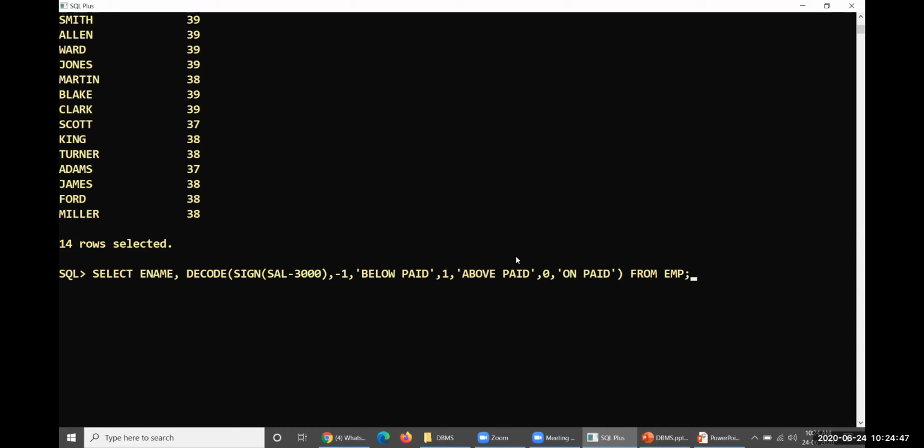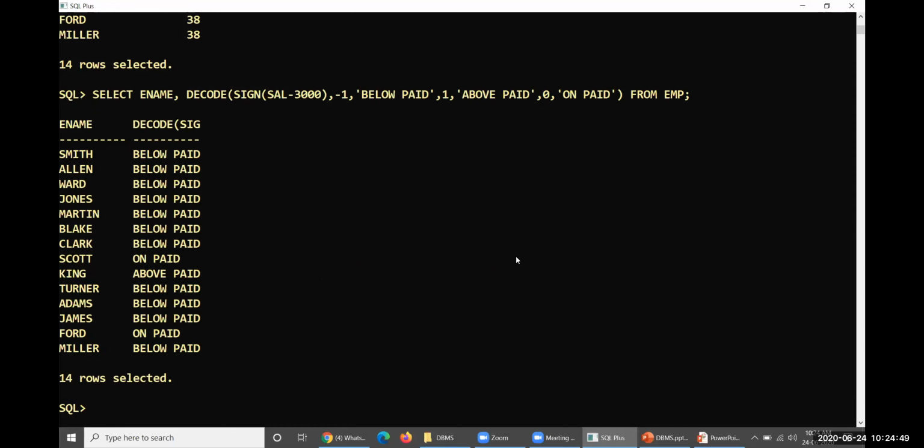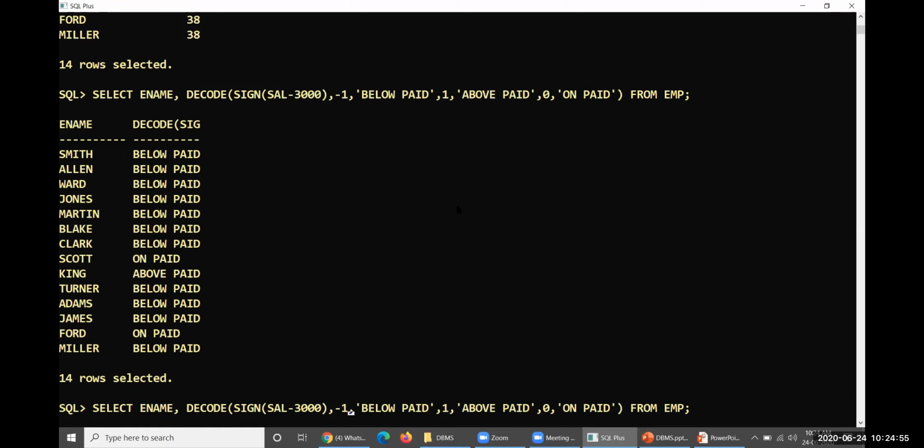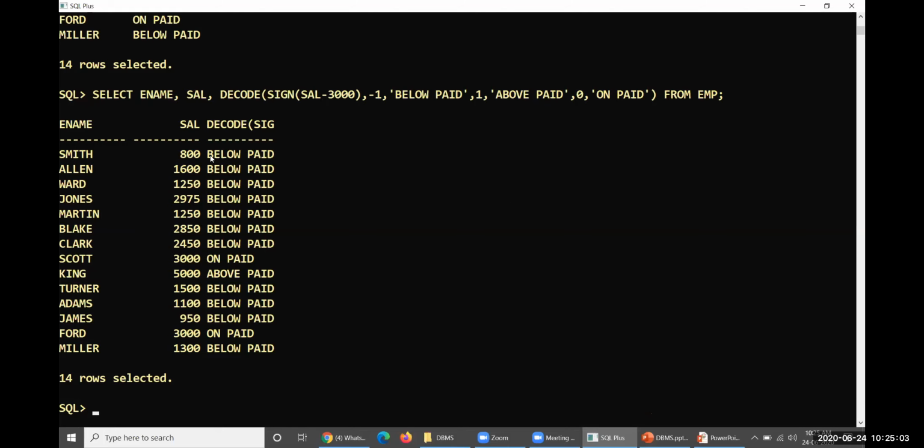From EMP. Look at these people. Smith is paid... If you want some clarity, also select salary here. If you select salary, then you could have a clear idea. Look at this. Because of 800, he is below paid. Because of 1600, he is below paid, and so on.